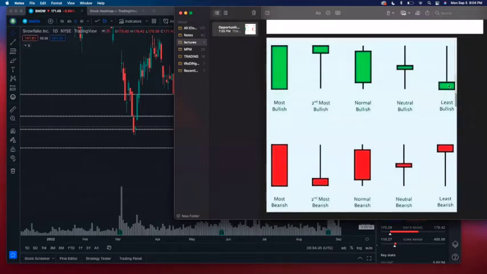And then there's the least bearish, where buyers push the price up, and up, and up, and then sellers just drove the price right back down. That means sellers were obviously in more control, because price went all the way up here and ended up going down over the length of the full candle closing.